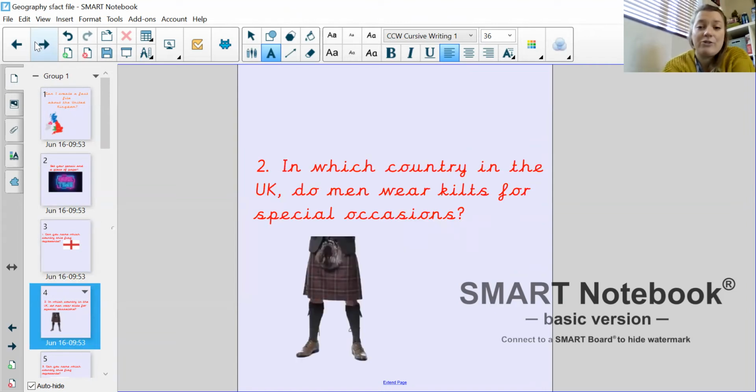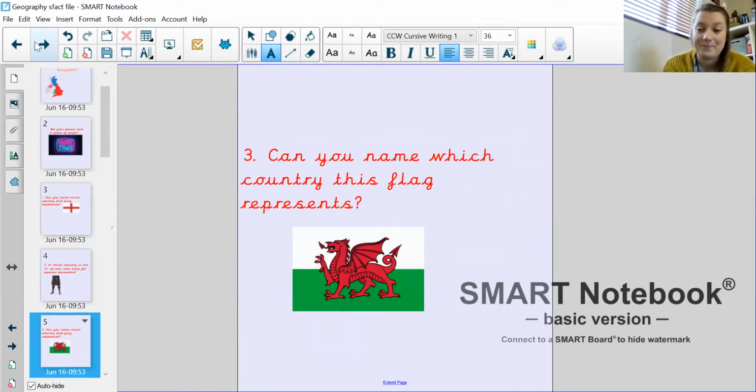In which country in the United Kingdom do men wear kilts for special occasions? Question 3. Can you name which country this flag represents?